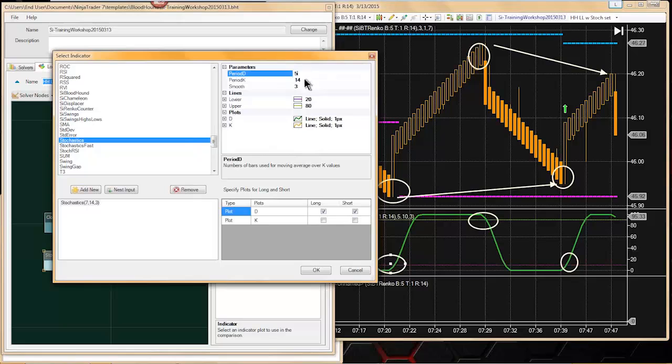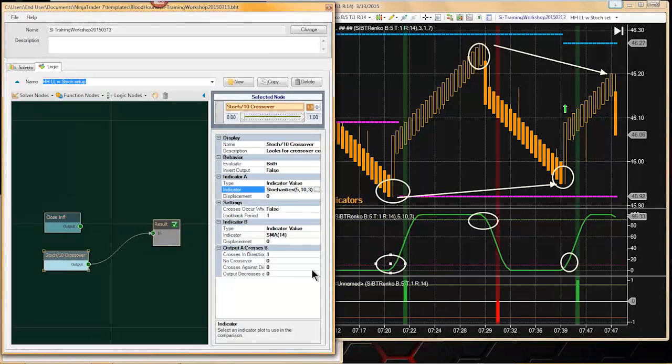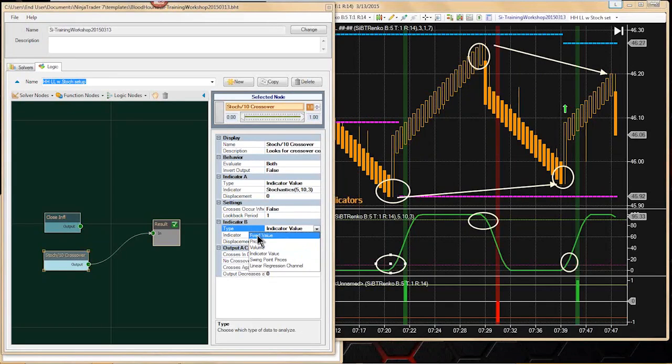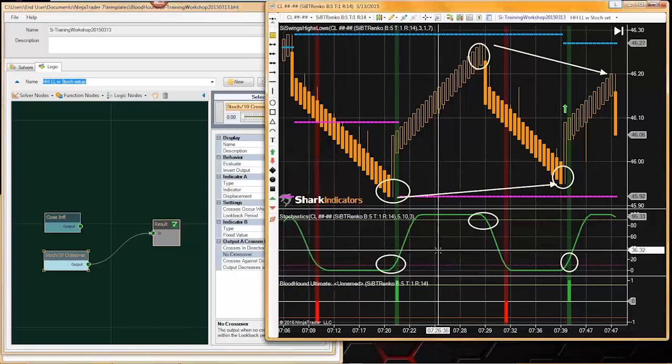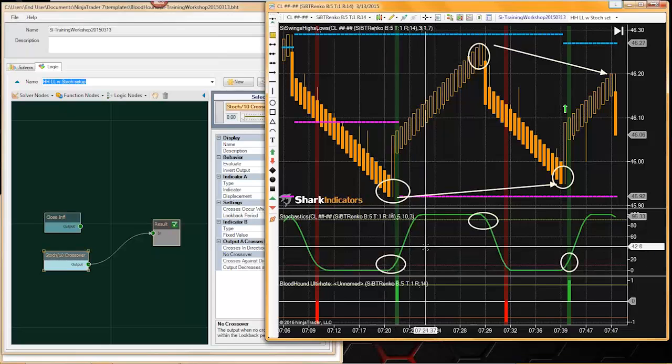And keep in mind that I had to change the settings to speed it up a little bit. And next, I need to change indicator B to the 10 level of the stochastics. That's going to be a fixed value here, and we'll set that to 10. And all right, so there's our crossovers.